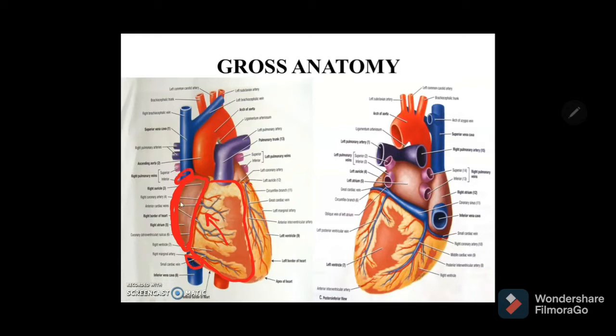You can notice the right atrium is giving an ear-like appendage here, that is the right auricle, and it forms the right border of the heart and also forms 1/3 of the base of the heart. It is separated from the left atrium by the interatrial groove and separated from the ventricle by the anterior atrioventricular groove.